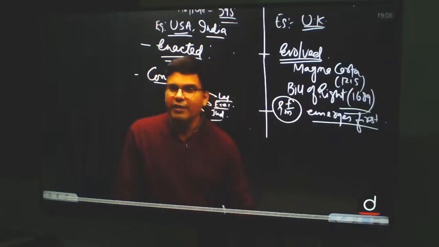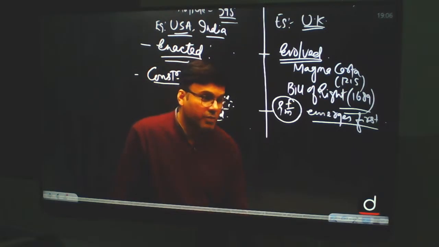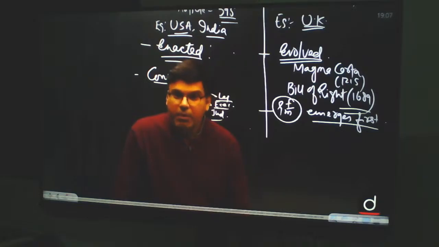Whatever law they have made, nobody can review it. That's supreme. If the parliament declares a male as a female, legally the person will be female, even though the person is a male. वैसा बेवकूफ वाला काम पार्लियामेंट नहीं करेगी, लेकिन ये पावर मैं बता रहा हूं पार्लियामेंट का होता है.